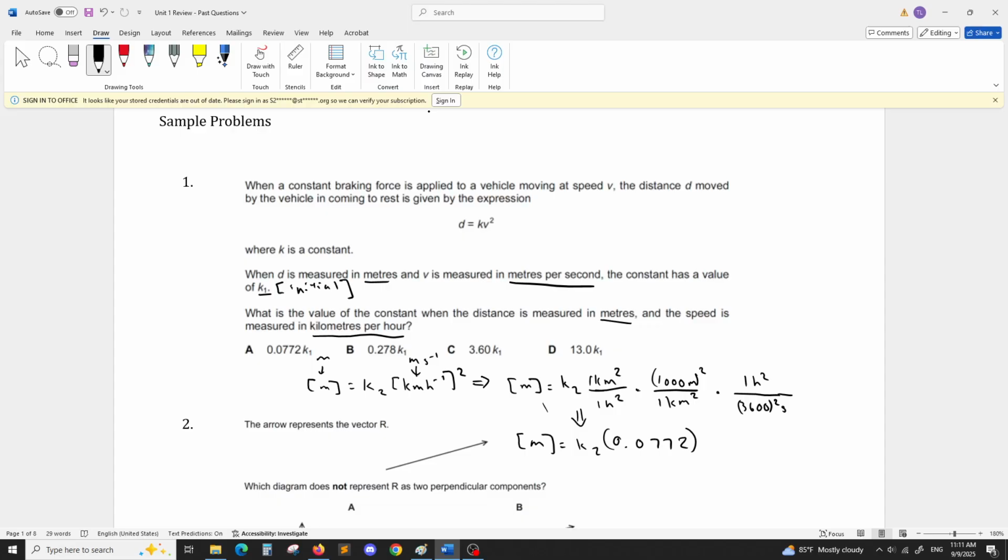So then we know that the unit in the back here is just meters squared per second squared. So we have this equation right here, and then we also have our initial equation. I didn't write it down, but it's simply meters is equal to k1 times meters per second squared. So then we can just compare the k values right here and right here. And then we can just say it's that.